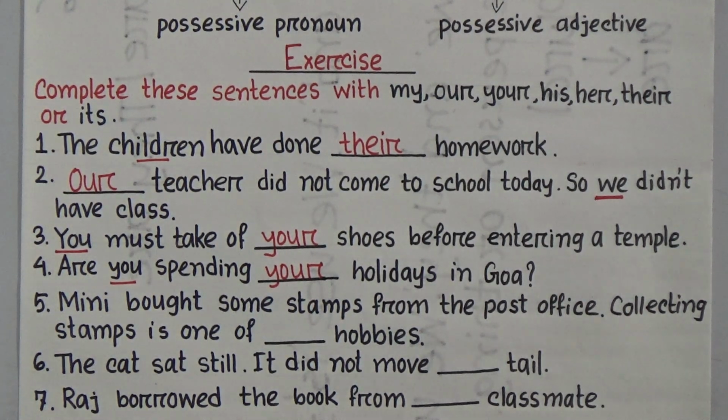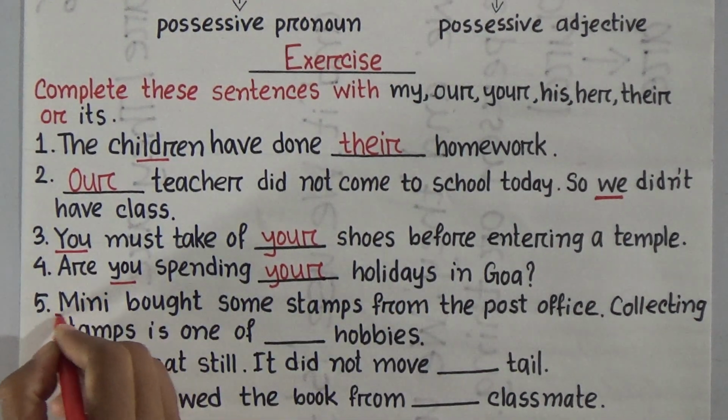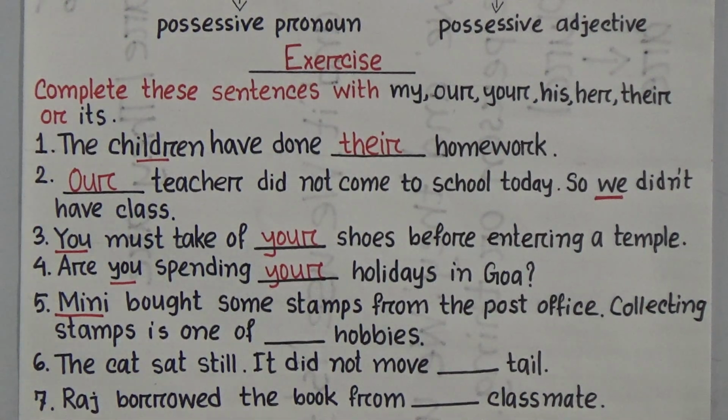Number 5, Minnie bought some stamps from the post office. Collecting stamps is one of dash hobbies. You can write here my hobbies, our hobbies, your hobbies. Like number 2, you have to understand the two sentences. Look here, Minnie. The subject is Minnie.